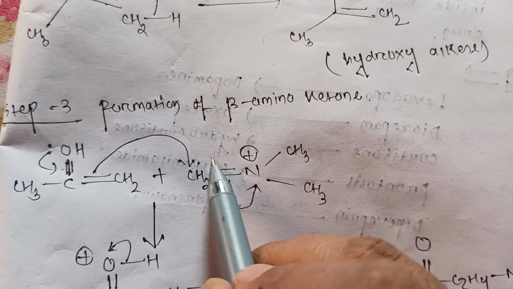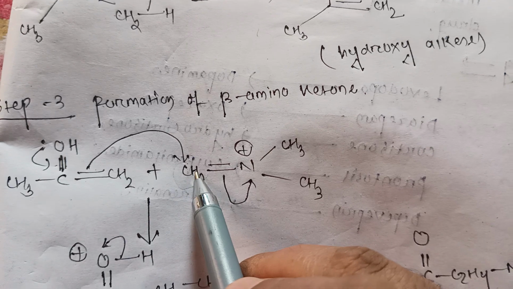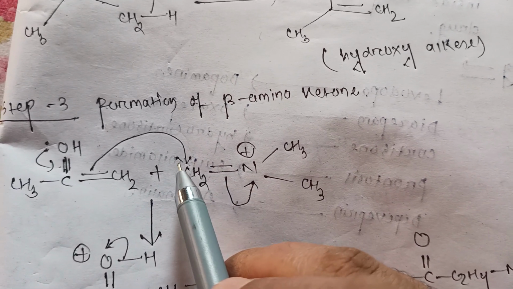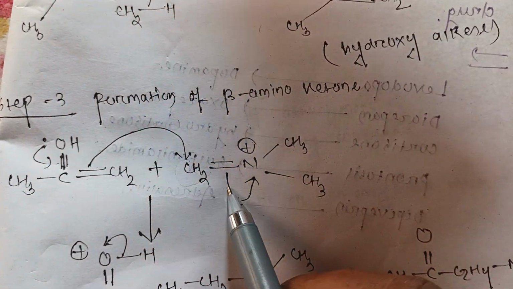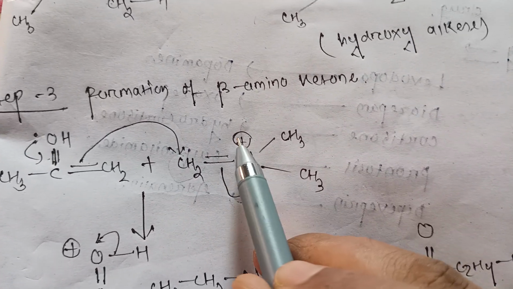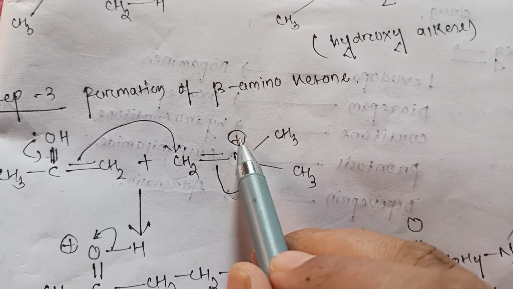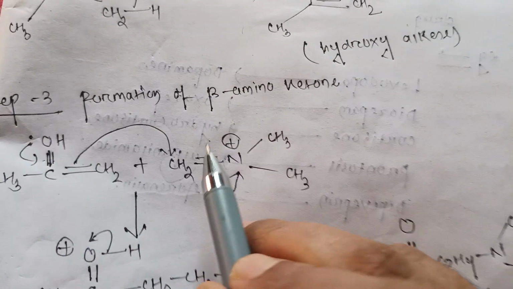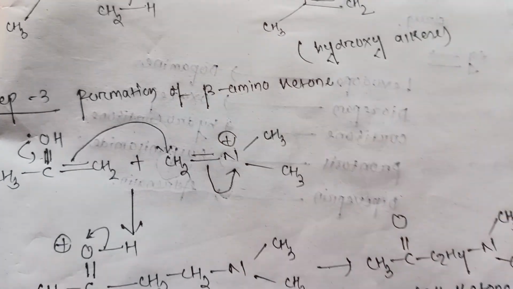And the same happened to this CH2 also. Now CH2 here forms 2 bonds, here it also forms 2 bonds, and another bond comes. So how will it manage? It becomes unstable, so it will transfer one of the electrons toward nitrogen, and nitrogen is positively charged because it is electron deficient. Nitrogen will accept the electron and become stable, it gets its lone pair.